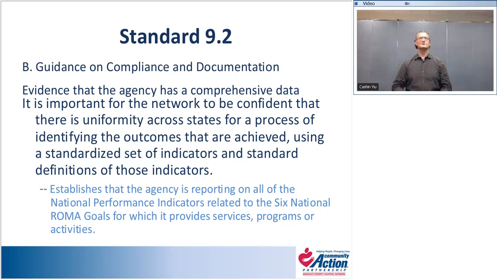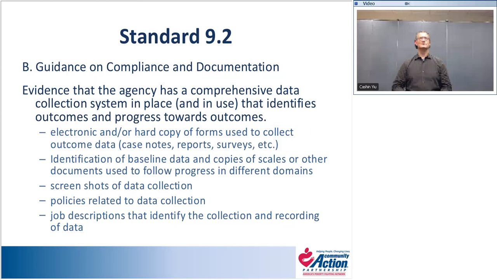So the kinds of questions that you would ask, or the kinds of evidence that you would have, similar to that which we talked about in 9.1, but here we're also looking at reports and case notes and surveys, and then the identification of both baseline data and other documents that show progress.